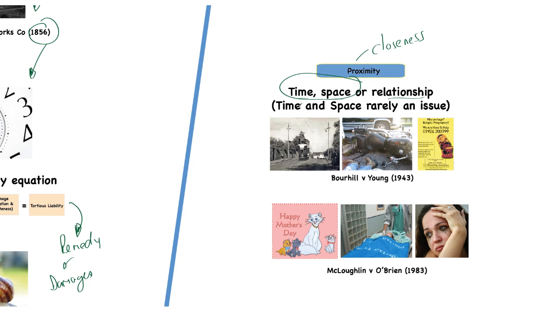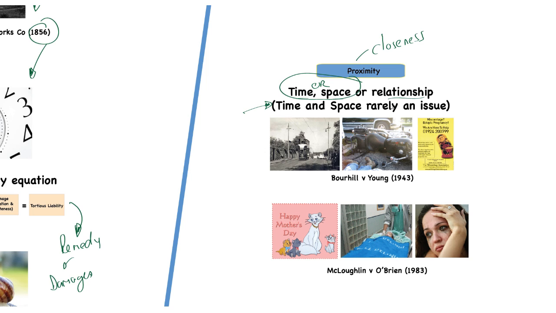In most instances, we are going to be able to demonstrate quite clearly time and space, and because of that, time and space are rarely an issue. This is time or space or relationship. We only have to demonstrate proximity in one of those areas.